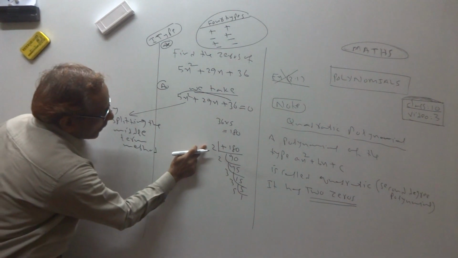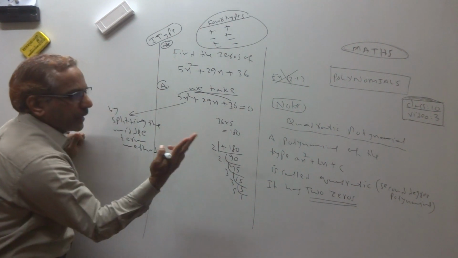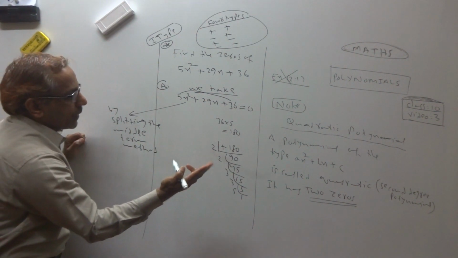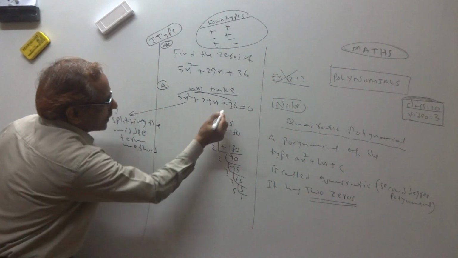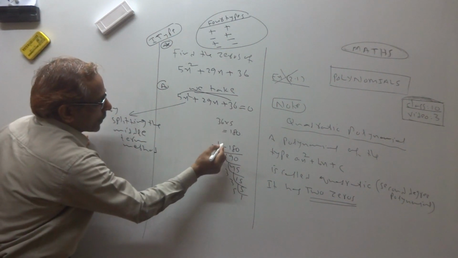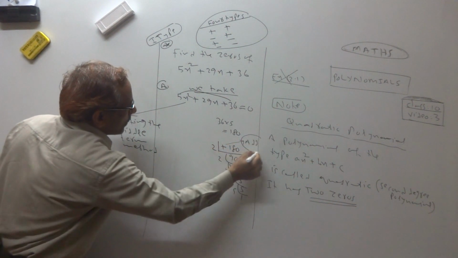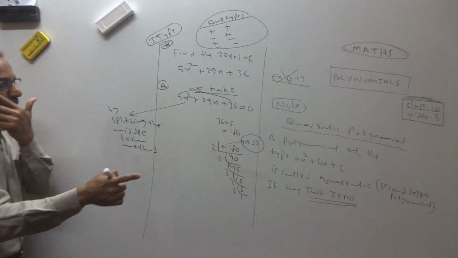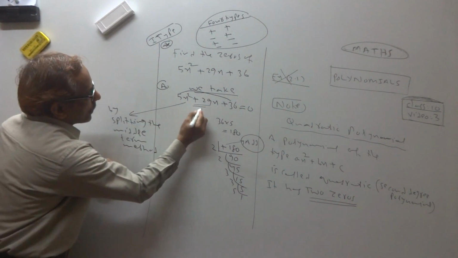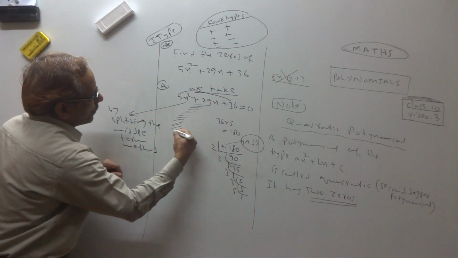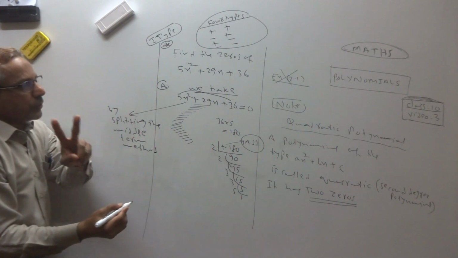Then from all these factors we decide two numbers. Please see the sign here, 36 fives are 180. Here the sign is plus. So whenever plus is there, remember that we have to add to get the center number. To get the center number, we decide two numbers.